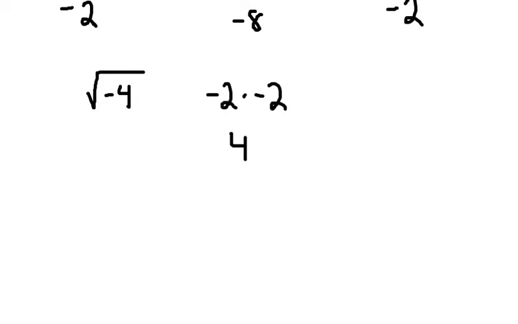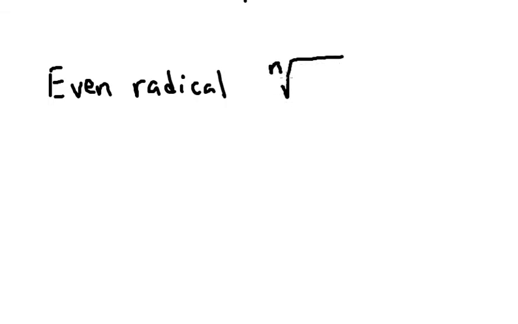So that's the general idea. To give you a general formula, if you have an even radical, which means you have a root where n is an even number, and we have something under the radical, then we set what's under the radical greater than or equal to 0, and we solve for our value of x.